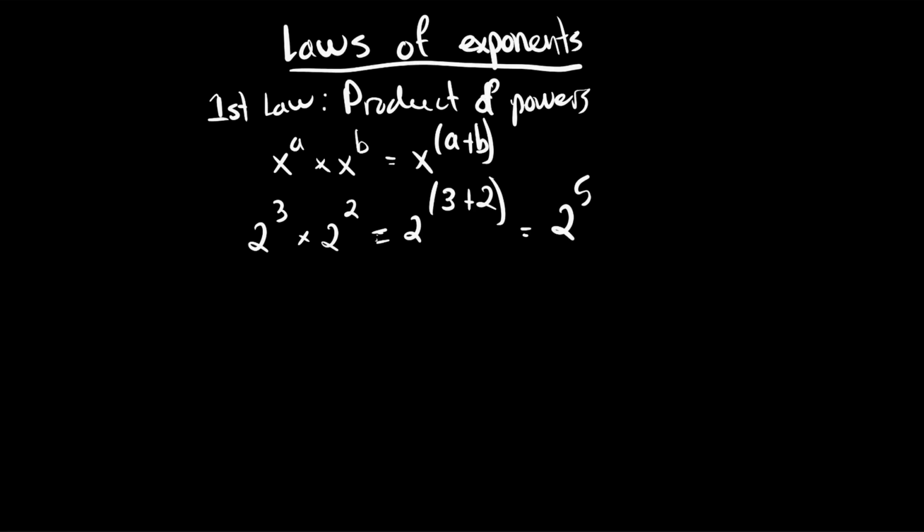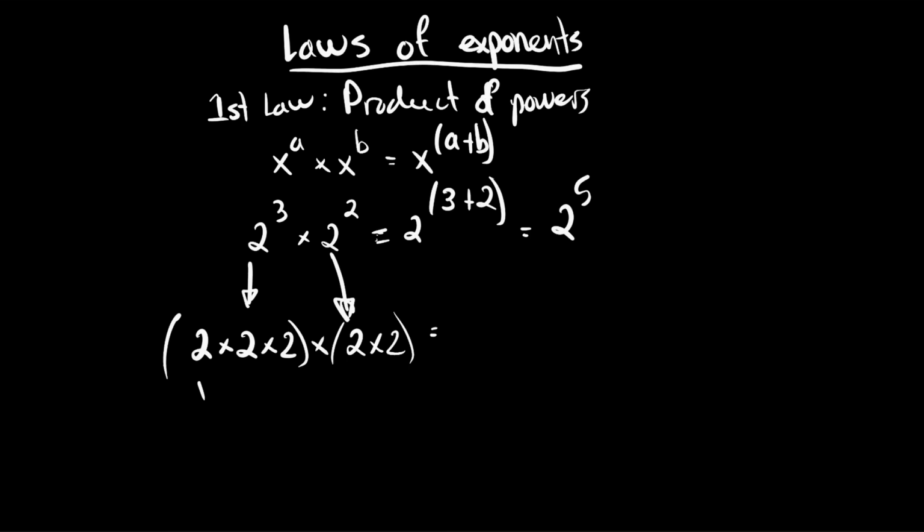So this equals 2 times 2 times 2, times 2 times 2. Now if we count, we have 1, 2, 3, 4, 5. So we multiply 2 five times, which is 2 to the exponent 5, which is the same answer as we got before.